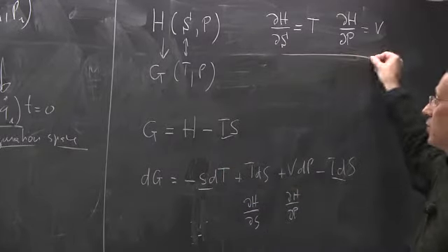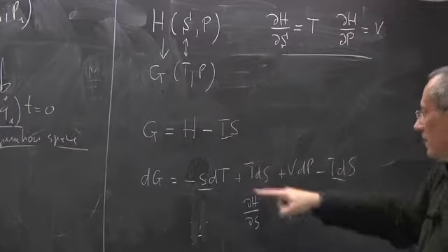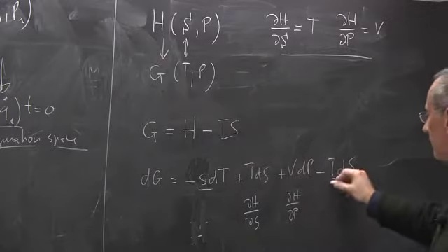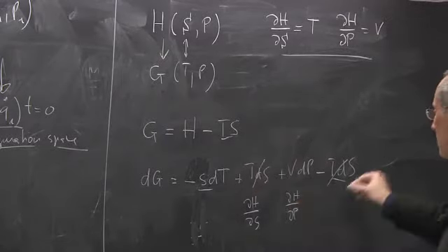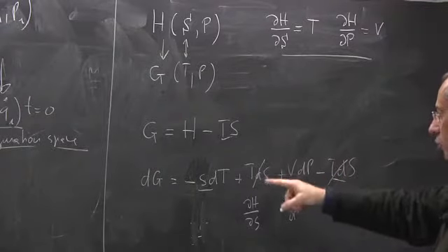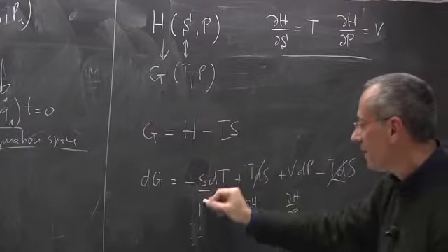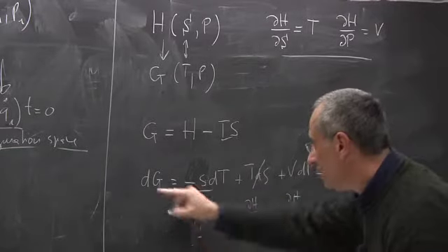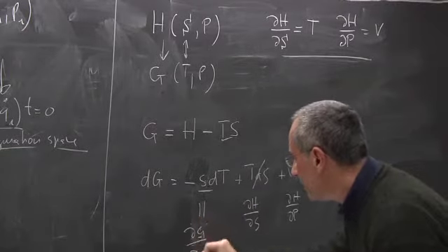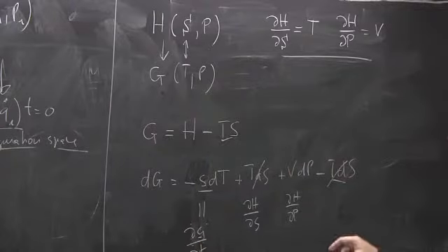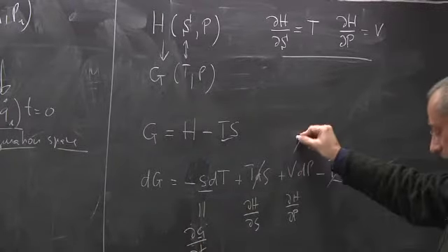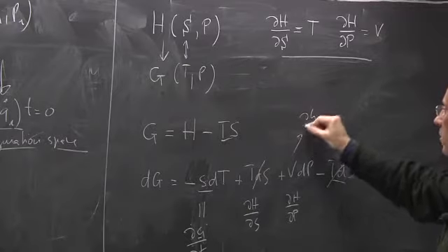I use this equation. You have to use the equations, but then you see that these two terms drop out, right? And then whatever is here must be dG/dT, right? And this one must be dG/dP.